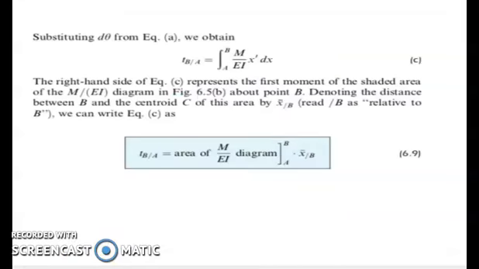If we substitute d theta from our equation, we obtain that the tangential deviation of B with respect to A is equal to the integral of Mx all over EI dx from A to B. Take note that the right-hand side of the equation represents the first moment of the shaded area of the M over EI diagram in our figure.